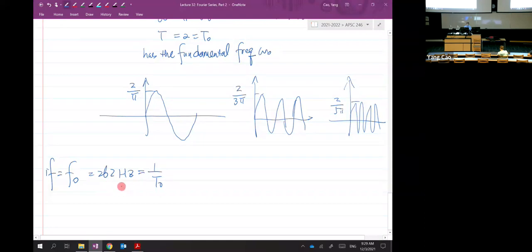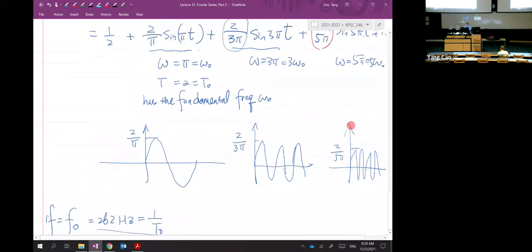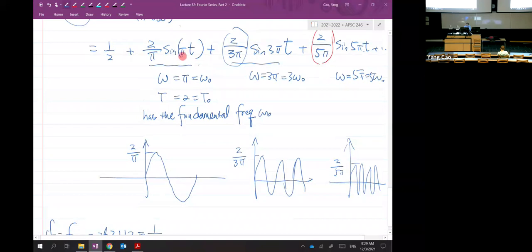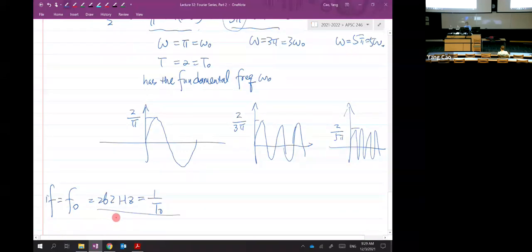Now 262 hertz is, on the piano, the frequency of the C note. So suppose your omega naught is this, then technically what I end up with is a whole bunch of sines that are multiples of this fundamental frequency 262 hertz, which is middle C, right?